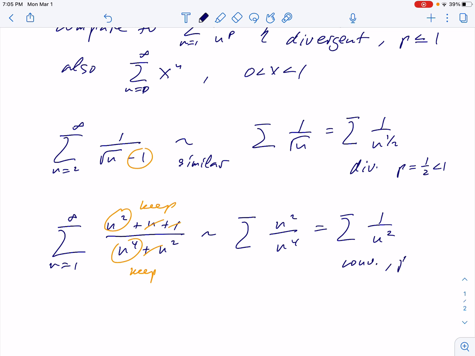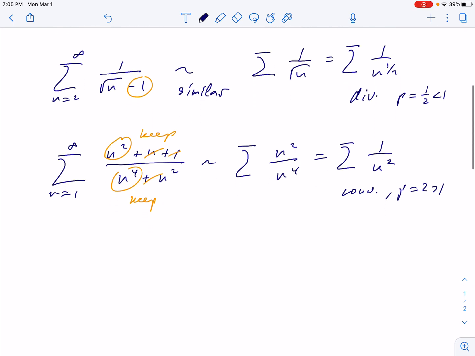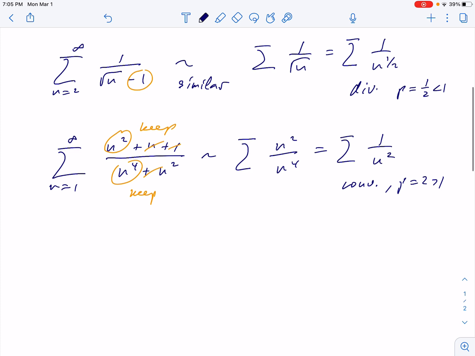It's a P series where P is 2, bigger than 1. Remember, this will be explained a little bit later, how we drop such terms which are not growing fast like the largest powers. But before that, one other example.